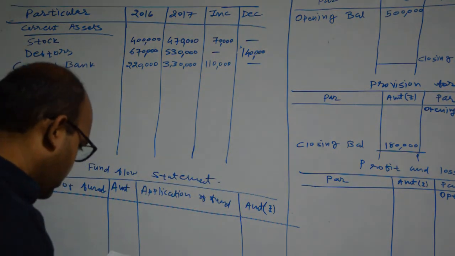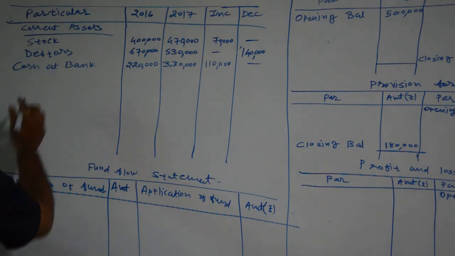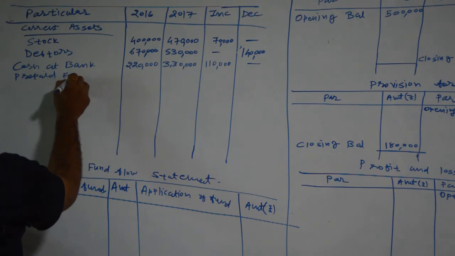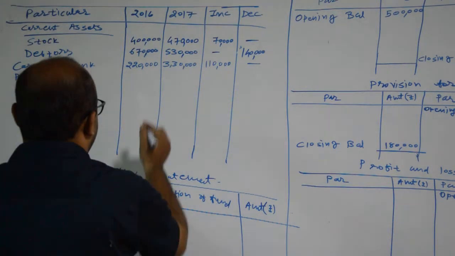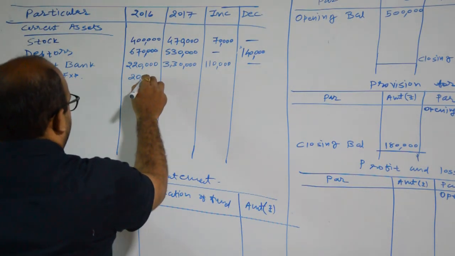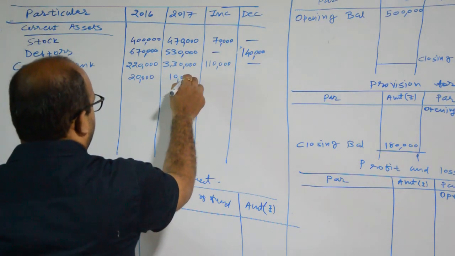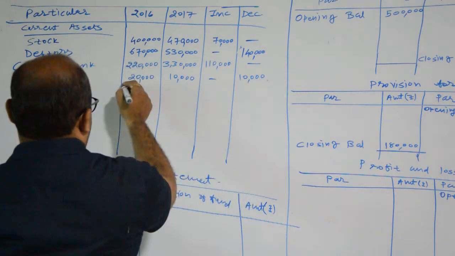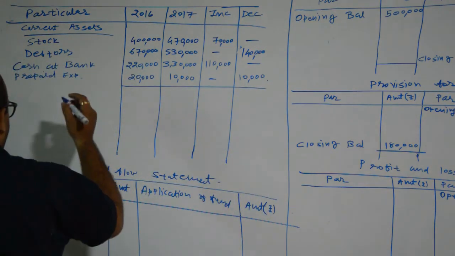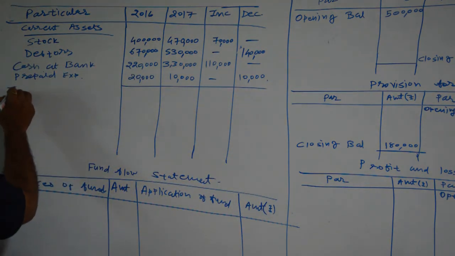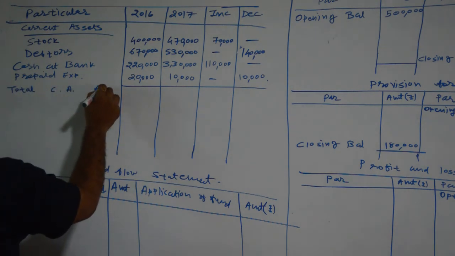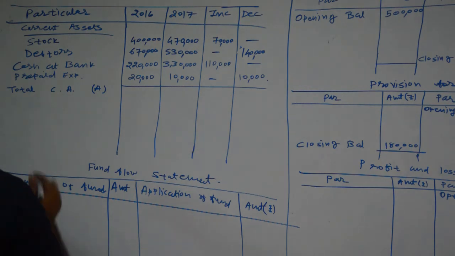Then after, prepaid expenses, rupees 20,000 and 10,000. Decrease of 10,000 rupees. Okay, we will write it down in the decrease column. Then after, the total of current assets will be marked as A.